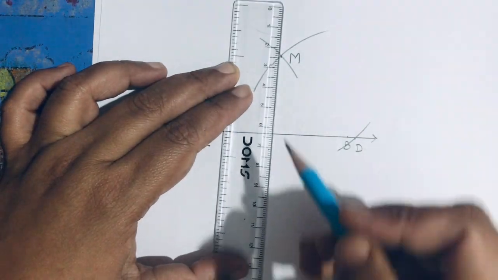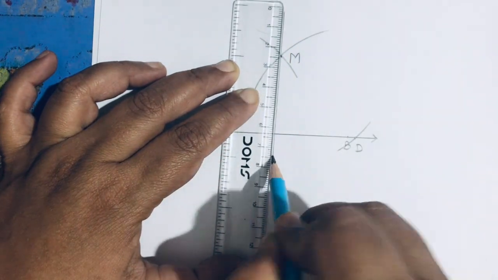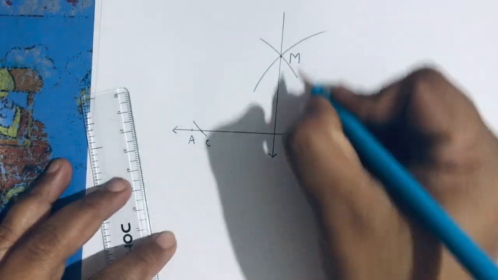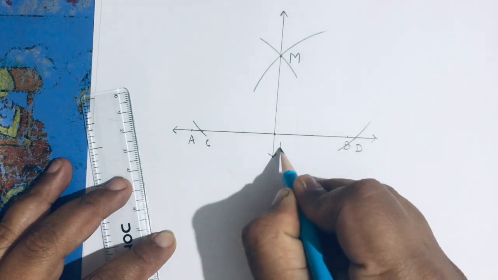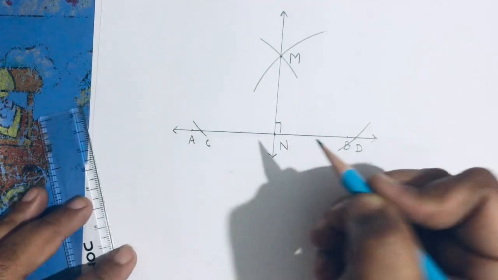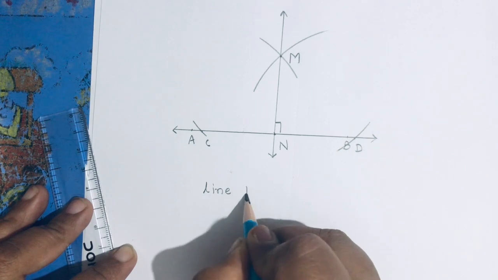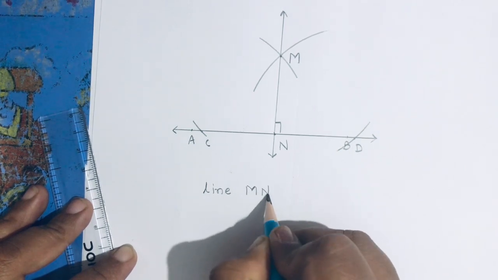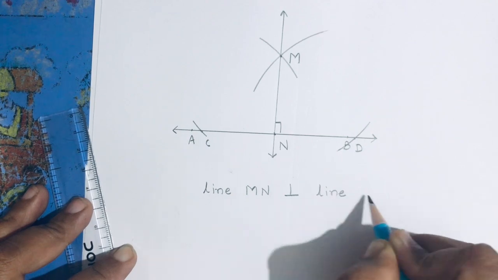Draw a line here. Name this point as N. So this is the perpendicular. Line MN is perpendicular to line AB.